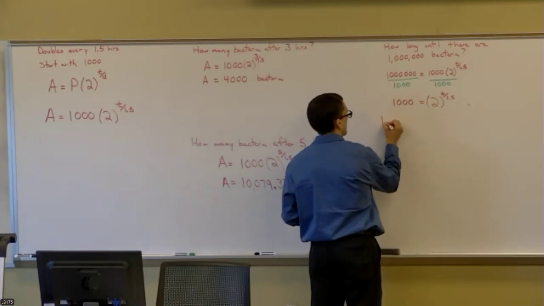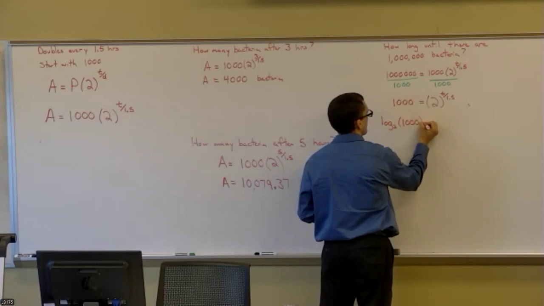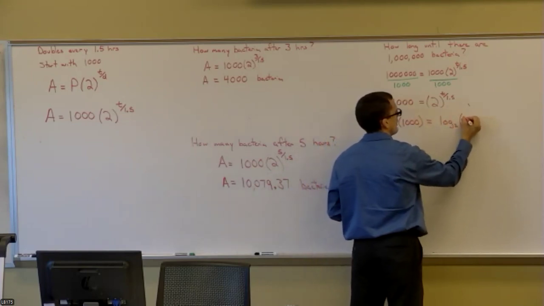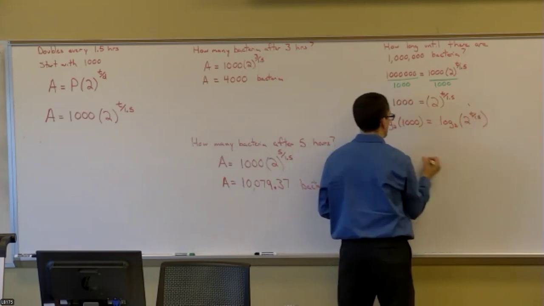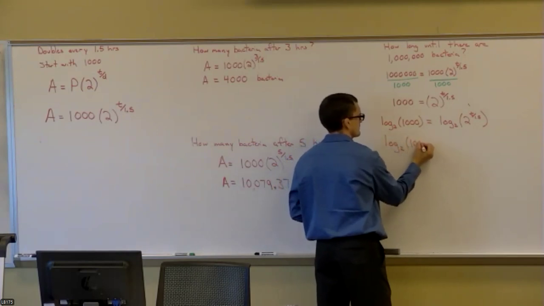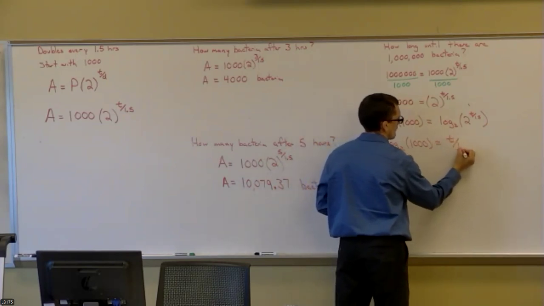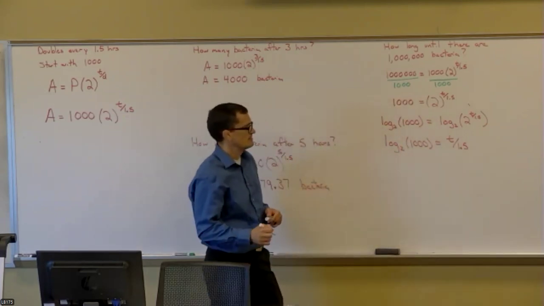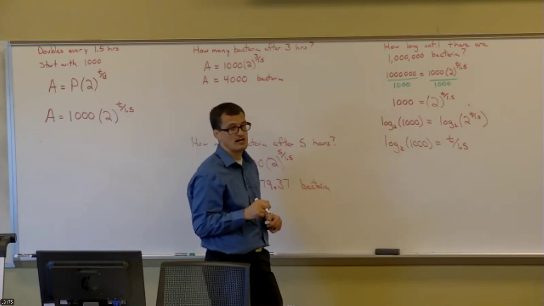Let's take log base 2 instead this time. So I'll take log base 2 of 1,000 equals log base 2 of 2 to that power. That's log base 2 of 1,000 is equal to t divided by 1.5.